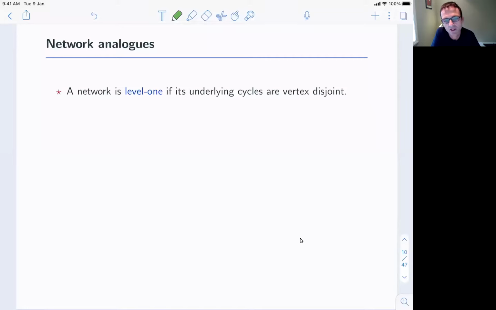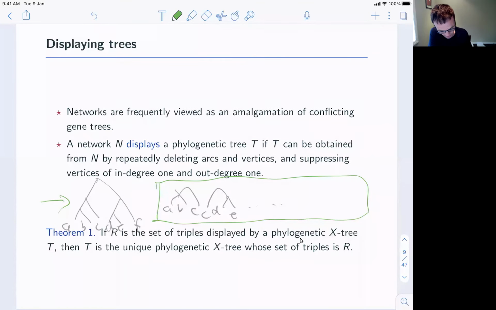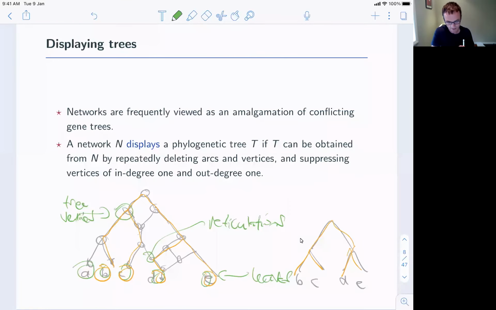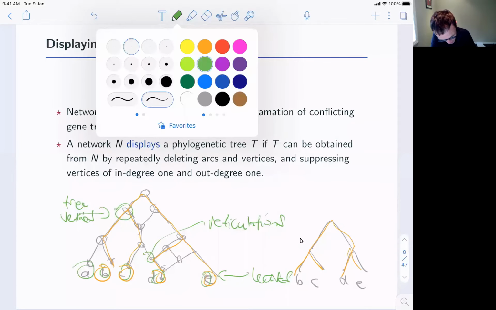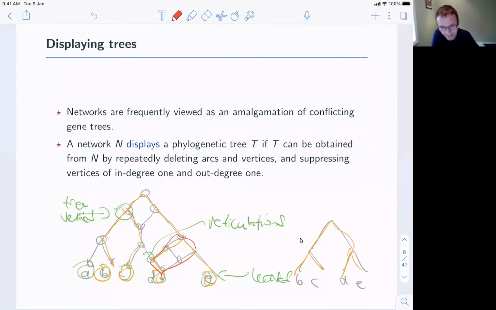If I ignore the direction of the edges and look at the underlying cycles, they are vertex disjoint. For example, this one here is not level 1. Here's one cycle, and there's another one, and they're not vertex disjoint.